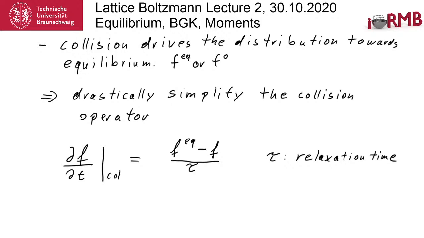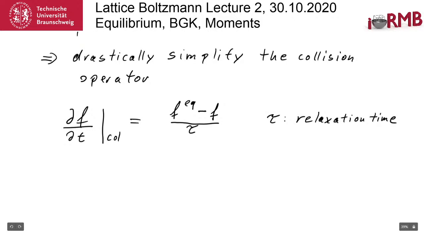Now this is much different from the actual integral. If you want to have an integral, it would look like this. After collision, we have the state before collision plus the integral from t to t plus a small delta t.